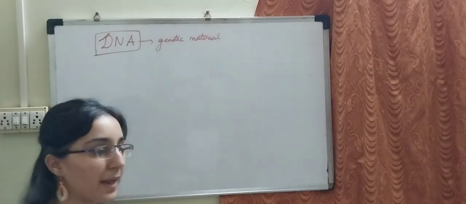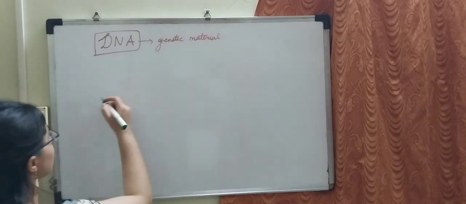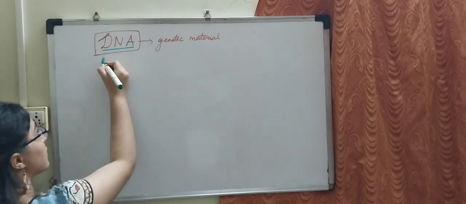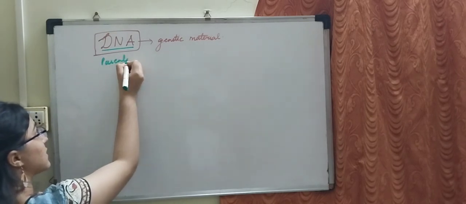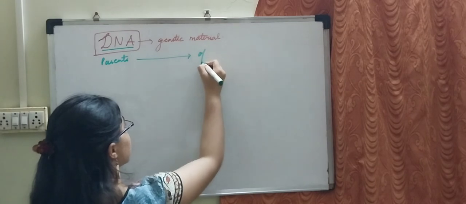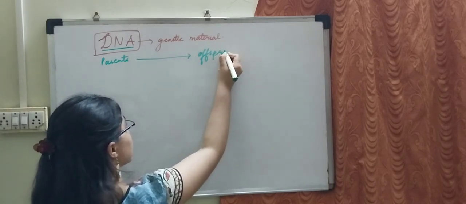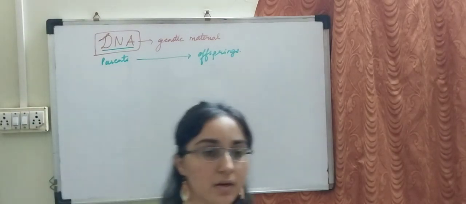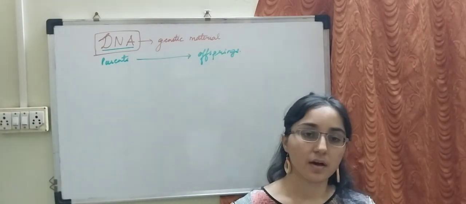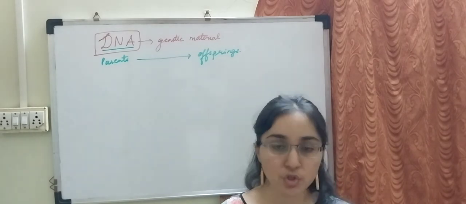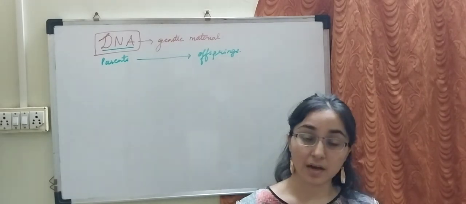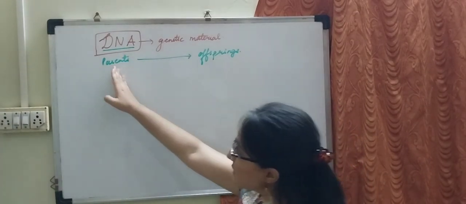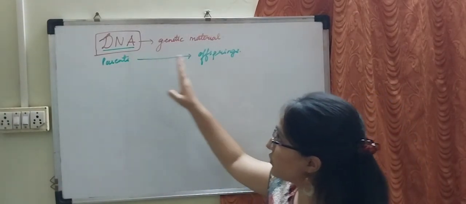And on DNA there are genes. I'm not going to go into much detail about it, but I just want to take this part superficially. So from parents to offspring, the characters or the features which are passed from parents to the offspring occur due to the passage of DNA from parents to offspring.